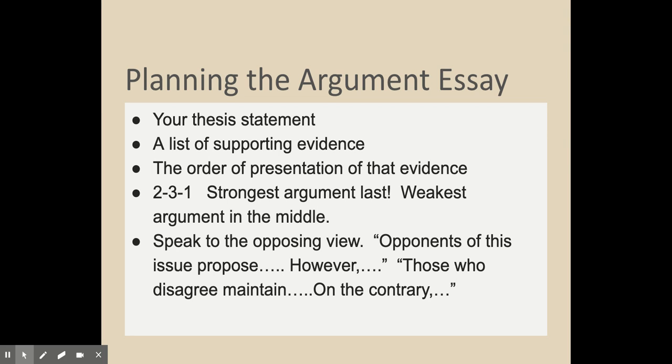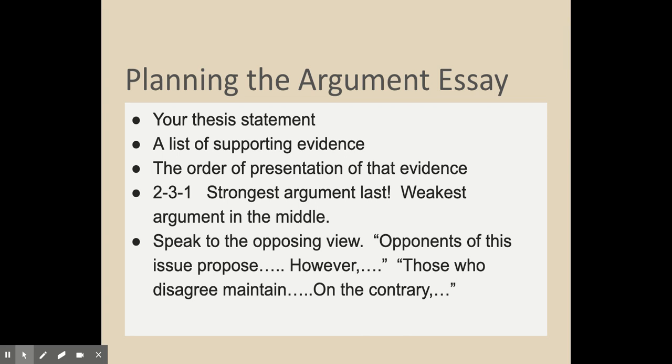You want to make sure you have supporting evidence, and you want to determine what is your strongest piece of evidence. I always suggest that people use emphatic organization. Emphatic organization means that you use your second strongest piece of evidence first. You put your weakest piece of evidence in the center of the body, and you end with your strongest argument.